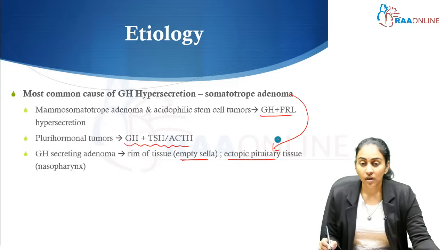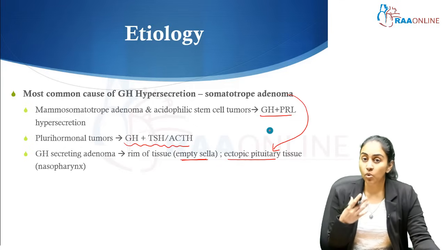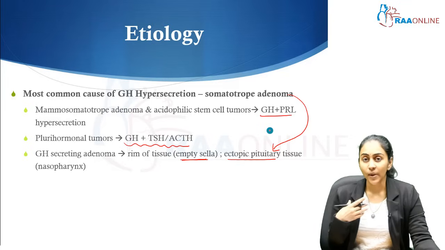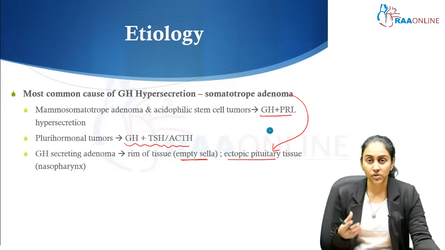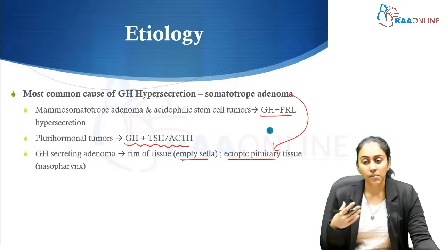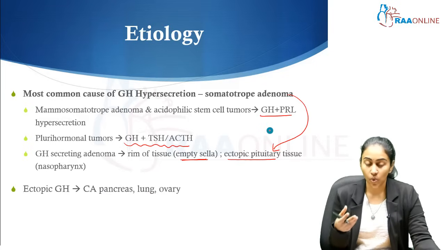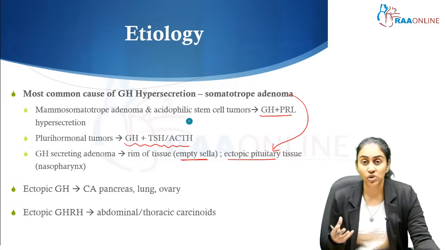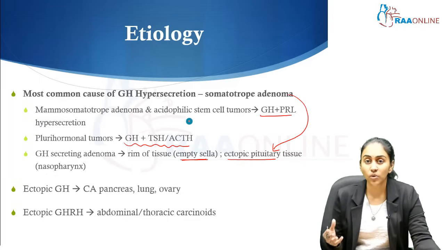So, remember, although the most common cause of growth hormone hypersecretion is going to be pituitary adenoma, whenever on the MRI the pituitary appears normal or you have an empty sella, remember there could be ectopic pituitary tissue or there could be ectopic growth hormone secretion itself from a malignancy as part of a paraneoplastic syndrome. Sometimes there could be ectopic GHRH secretion which could also cause hyperplasia of the pituitary, making the whole syndrome look like a somatotrope adenoma. So, keep that in mind.